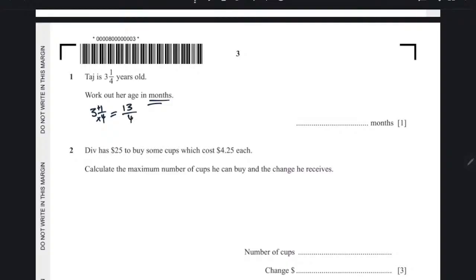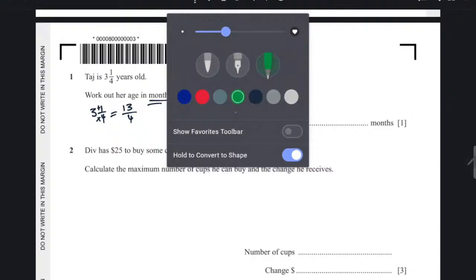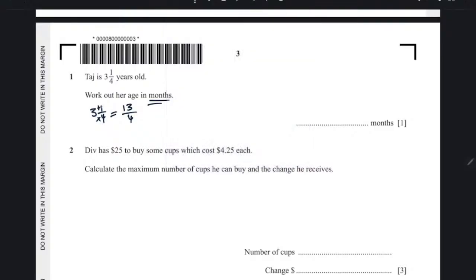Remember, you are allowed to go with the calculator tomorrow, okay? So 4 times 3, then you say plus 1. Now, all you're going to do, you say 13 over 4 times 12 months, okay? You know that 1 year is 12 months, right? So we want to find 3 and 1/4 of 12 months. You understand? We multiply by it. So 4 into 4, 1.